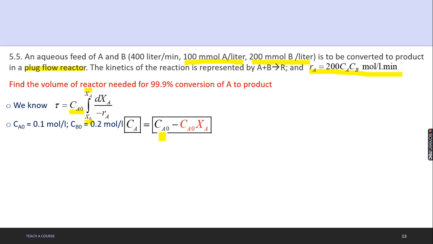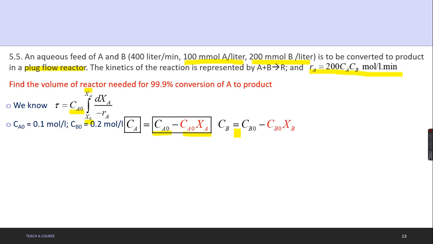It is very simple, because this is the original concentration of the feed and Ca0 Xa is the degree of conversion, so the concentration will change depending on the amount converted. So in a plug flow reactor, if I want to know the concentration of the feed at any point, I can calculate Ca equal to Ca0 minus Ca0 into Xa.